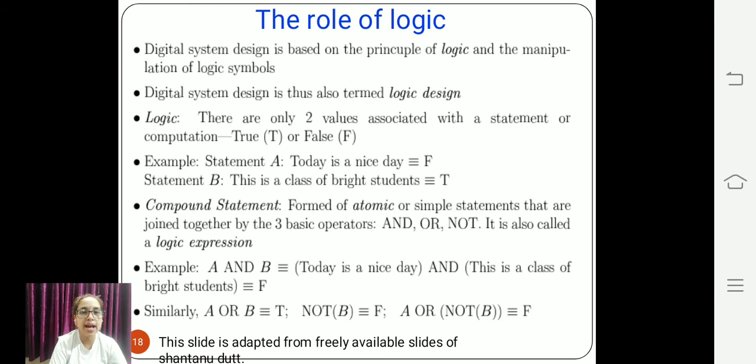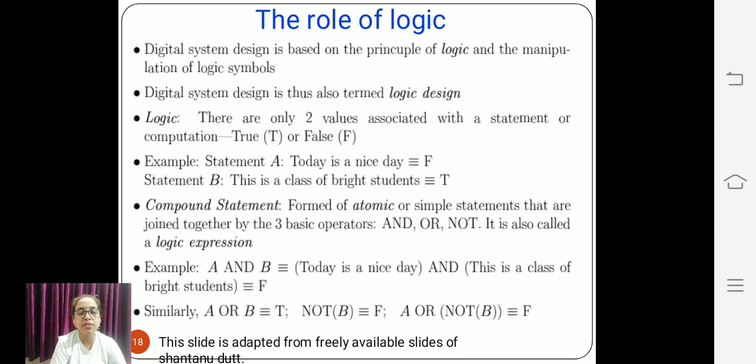True means high, means on, means 1. False means low, means off, or you consider it as 0. According to your point of view, you consider it as you like, but I am considering true and false here. In each and every slide I am covering all those things.